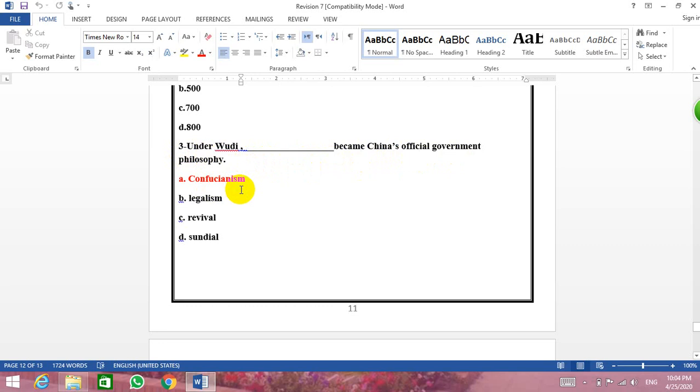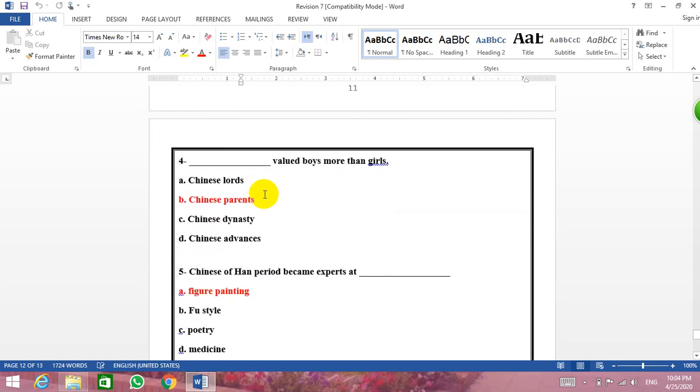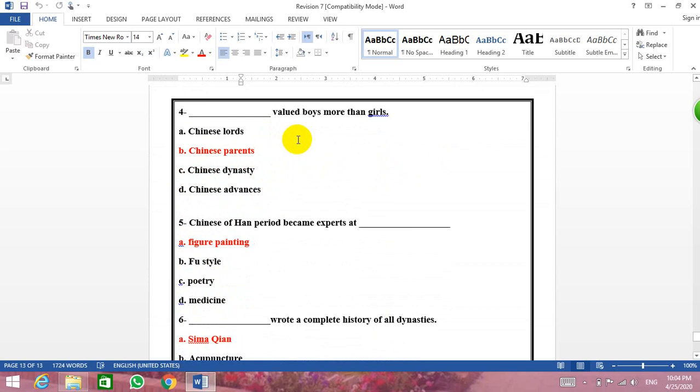Confucianism. Option A. Point number 4, dash valued boys more than girls. Chinese parents valued boys more than girls. So option B is the correct answer.